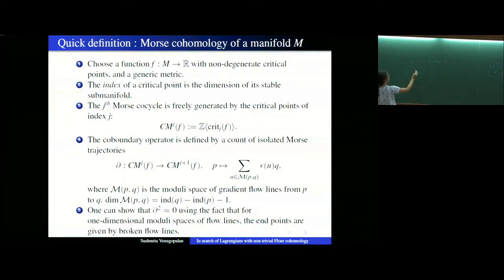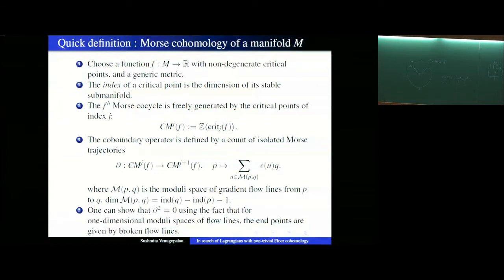So the height function has 4 critical points. And the indices are: if it's a maximum point, the stable manifold is just 0-dimensional.